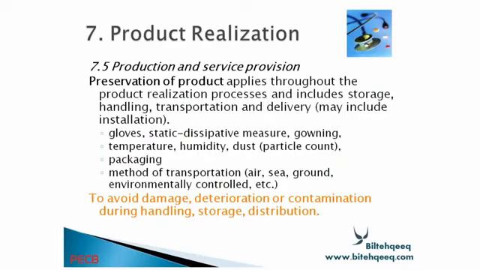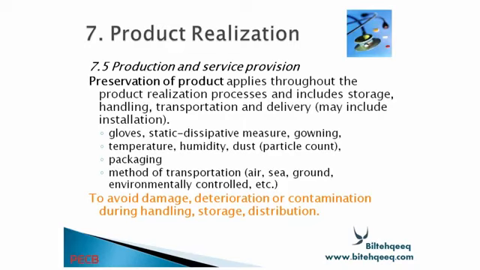And next is the preservation of product, which applies throughout the product realization process and includes storage, handling, transportation, and delivery. It may include installation, gloves, static dissipative measures, gowning, temperature, humidity, dust, particle count, packing, methods of transportation (air, sea, ground), environmentally controlled, to avoid damage, deterioration, or contamination during handling, storage, and distribution.